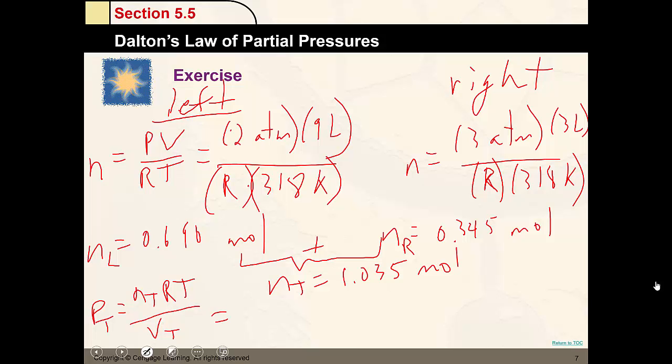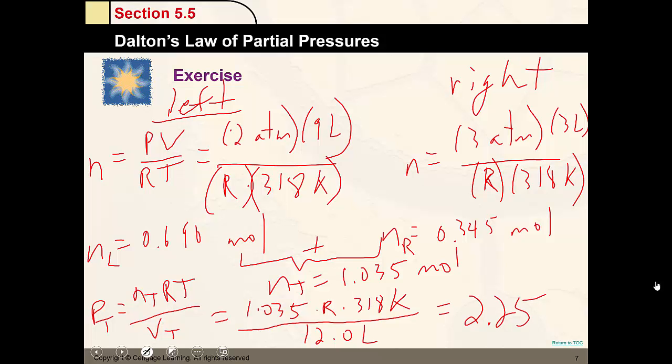So we have the total number of moles, 1.035, times R. Our temperature is still the same. Remember, it's still constant. Then the total volume, the combination of both bulbs once the valve is opened, is 12 liters. And when you calculate all that out, the answer agrees with the previous one, 2.25 atmospheres.